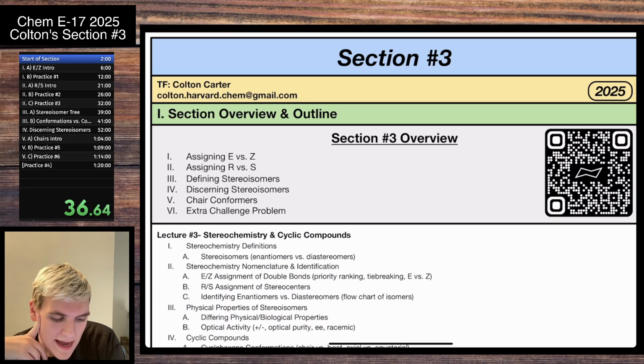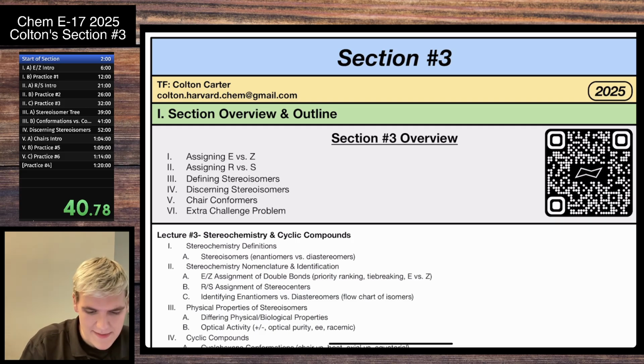So I've divided up some of the big skills that we have to do today into 5 main areas. This extra challenge problem thing is a typo from when I teach in the summer. First off, we're going to start with assigning E and Z and R and S, because that's a little bit more regimented, with a lot of strict rules.